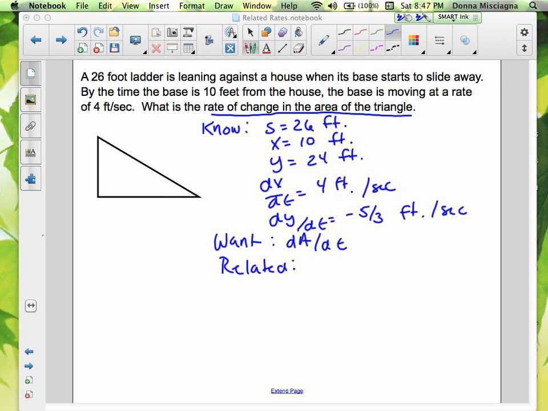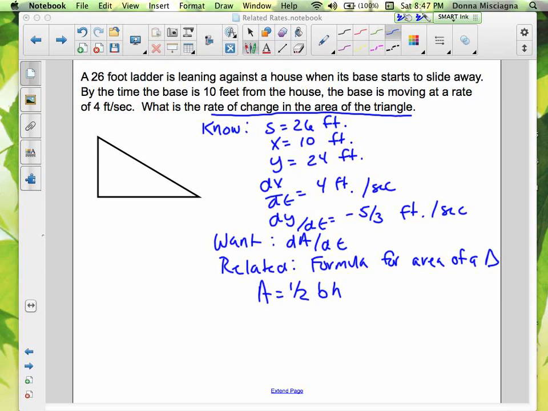Well, the sides are related to the area using the formula for area of a triangle, A equals 1/2 base times height. So again, we will use the product rule in this one.